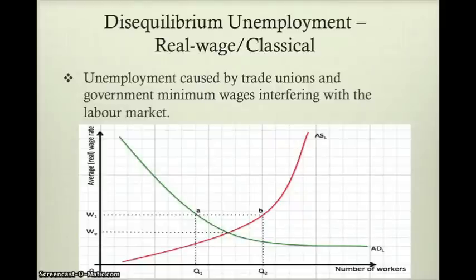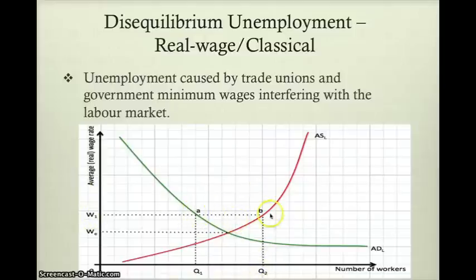Right, so the first type of disequilibrium unemployment we'll look at is real wage or classical. This is unemployment caused by trade unions and government minimum wages interfering with the labor market. We can see the regular labor market diagram shown below with number of workers on the x-axis and average real wage rate on the y-axis. Here we have a minimum wage of W1, which leads to Q1 workers being employed and Q2 workers wishing to work at the minimum wage.